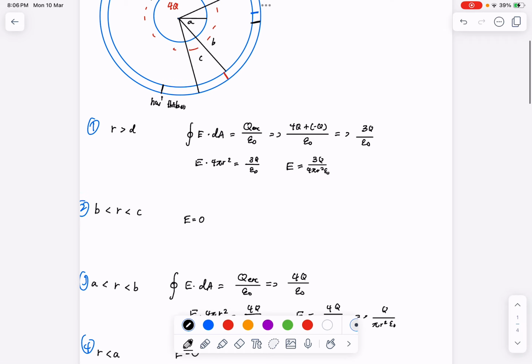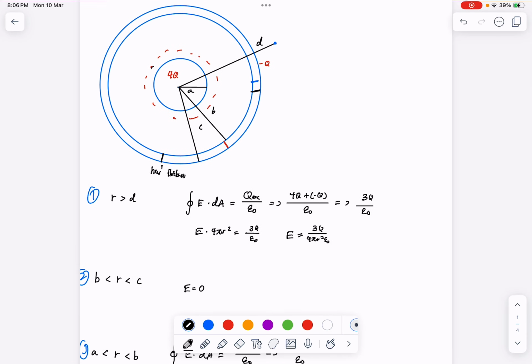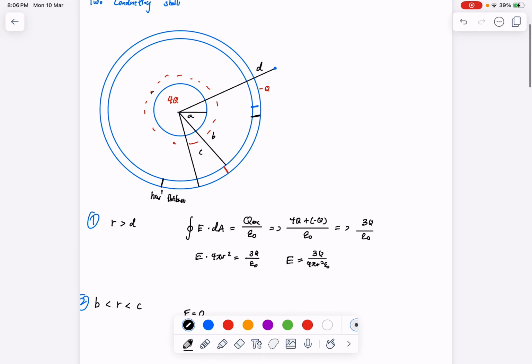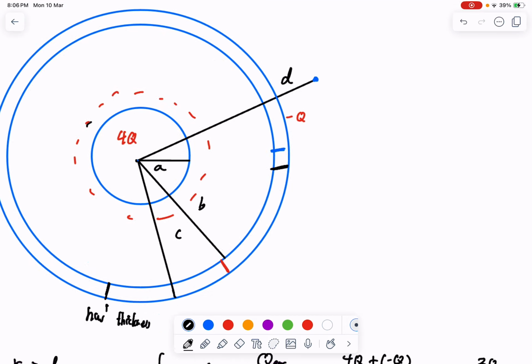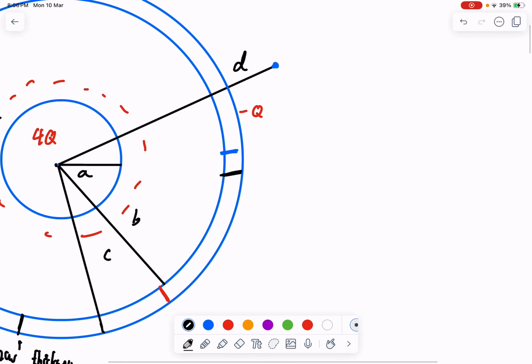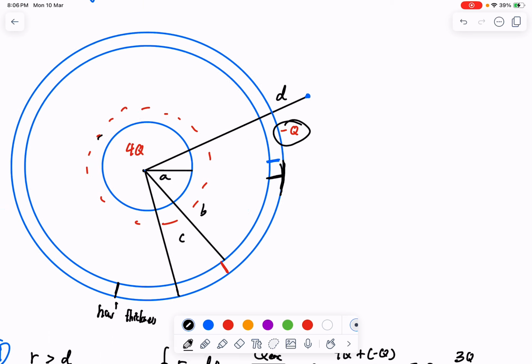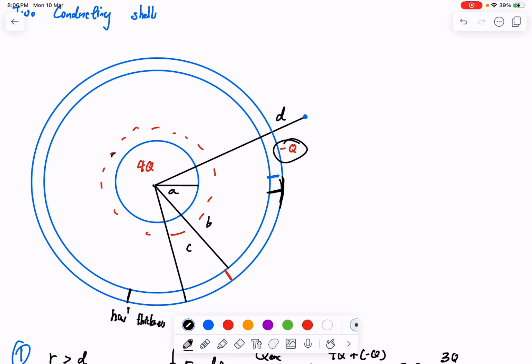Okay, there are things I need to point out here. First, the net charge of this outer shell is negative q, but it doesn't mean that this spot is negative q. What do I mean by that?